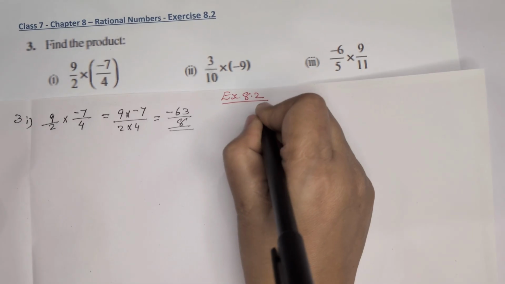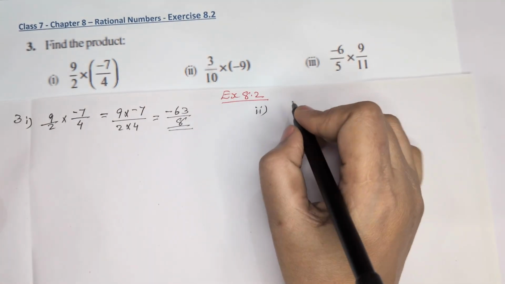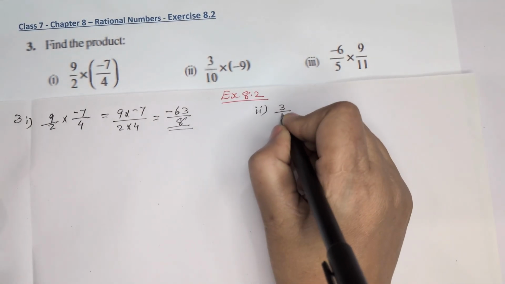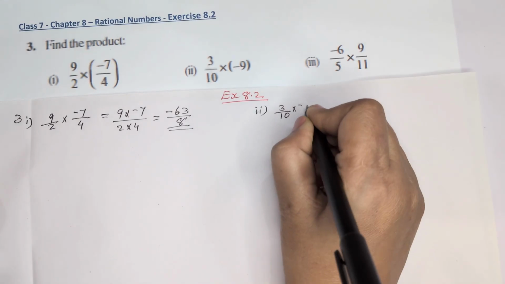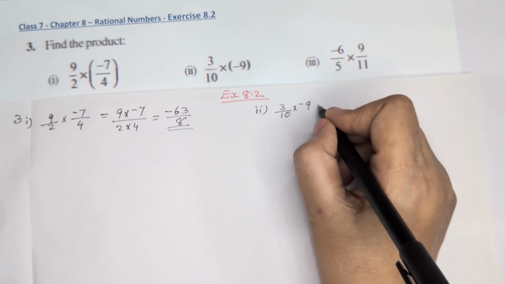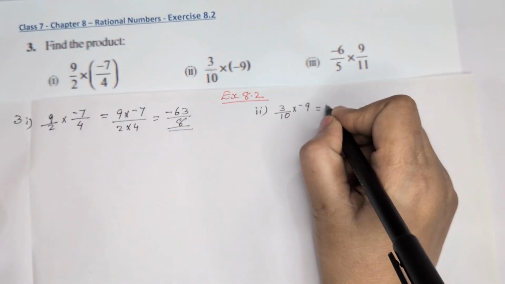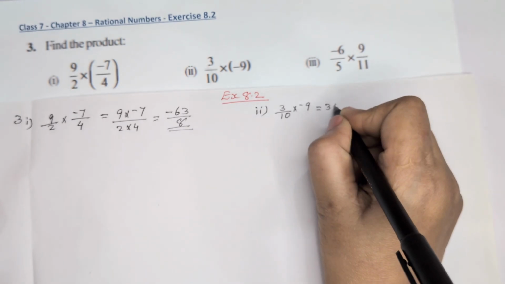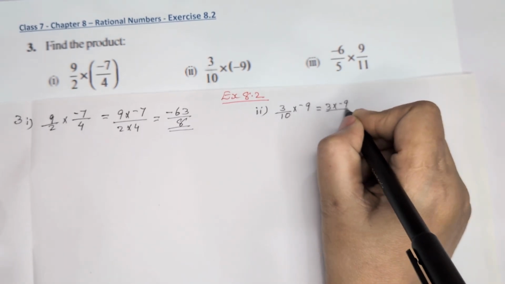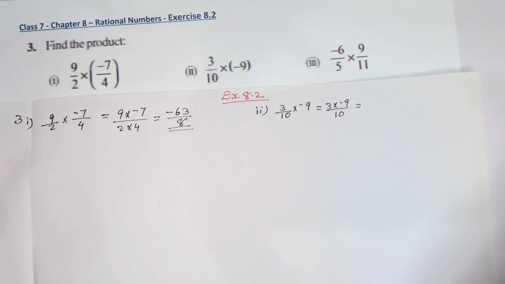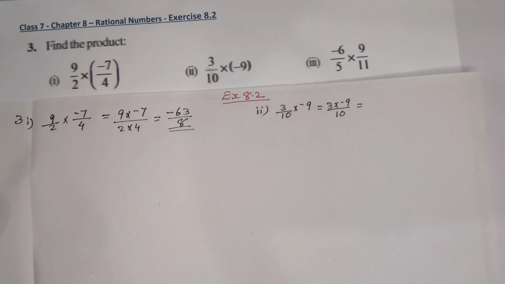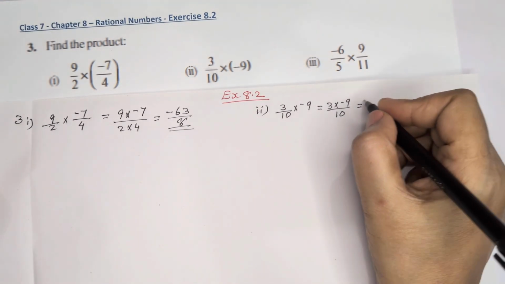Now second one, 3 by 10 into minus 9, which is equal to 3 into minus 9 in the numerator by 10, which is equal to minus 27 by 10.